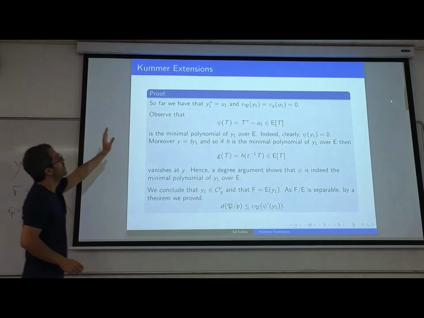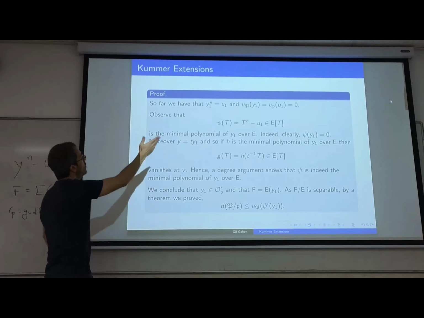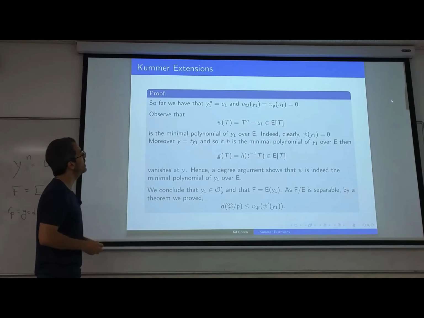Just as a recap, so far we had this relation and they are units. I don't know why I wrote so much. It's so obvious. I read it today and don't understand why I wrote it. But what I'm saying here is that, as I said before, because of the relations about d and n and so forth, the minimal polynomial of y is t to the n minus u, right?